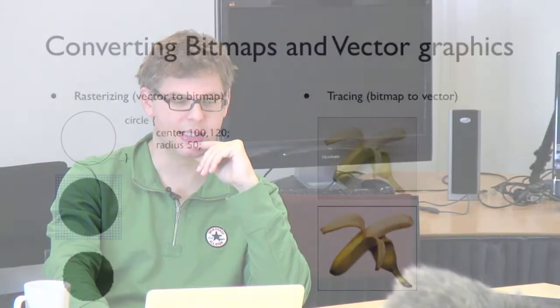Now, if you wanted to convert a vector into a bitmap, what would you have to do? Map the vector onto a grid and take the largest color at that point. Each cell of the grid. That is correct. So this is called rasterizing, right?